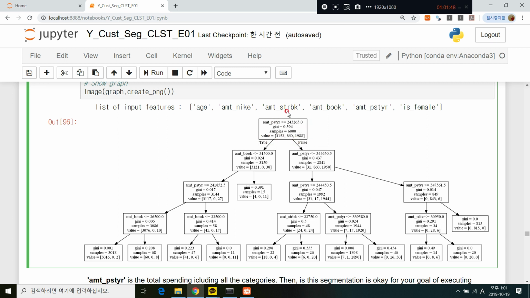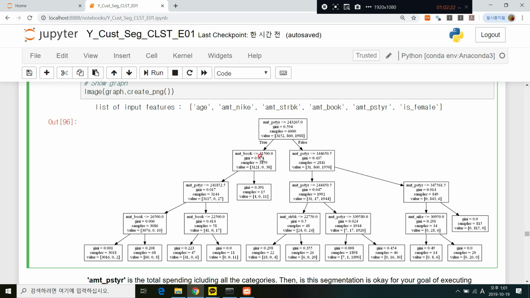This is the entire group, and then we find that there are lots of customers belonging to more than 243 past year spending. These are the spending a lot group, and these are the spending less group.